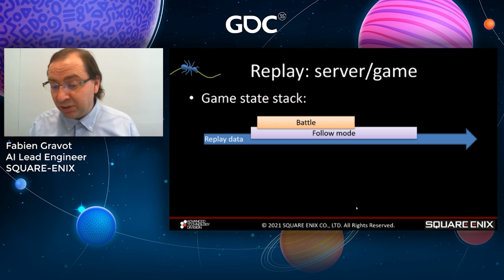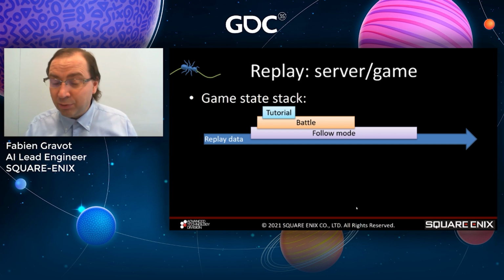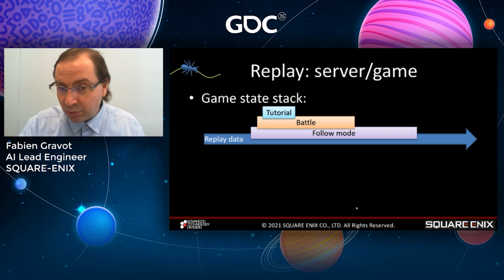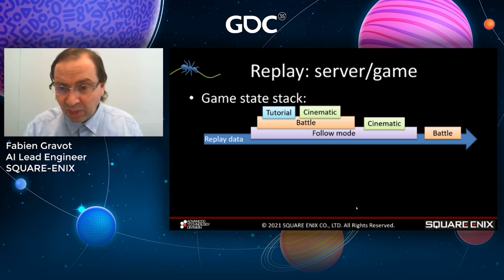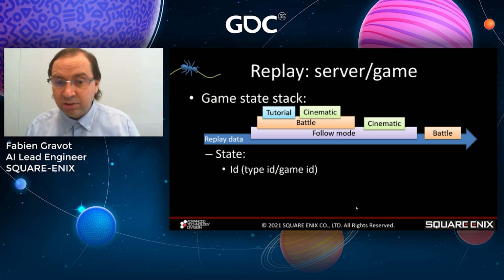And you may have a battle that started while you are still in follow mode. And during the battle, you can have a tutorial that interrupts the battle and so on. So you will always have one active step, but you have the other ones continuing in the background. So this is why we have a game state stack. And what we will do to identify each state is an ID that will be based on the type and the cinematics.